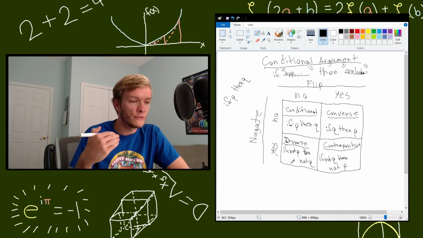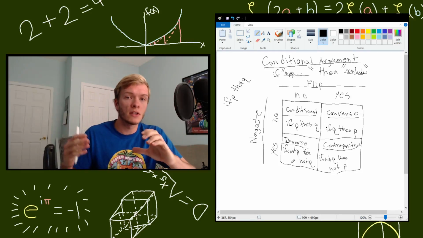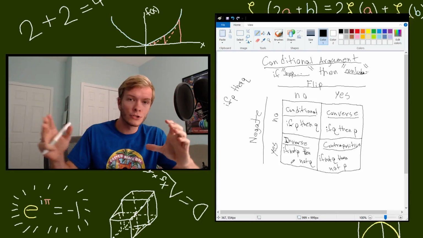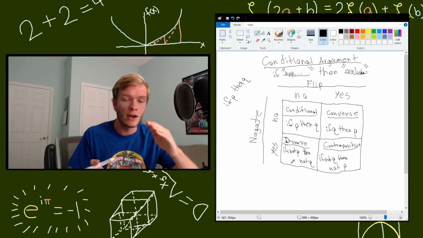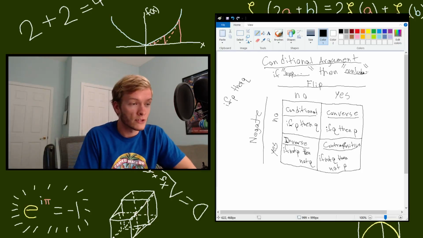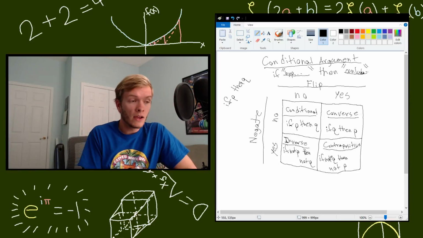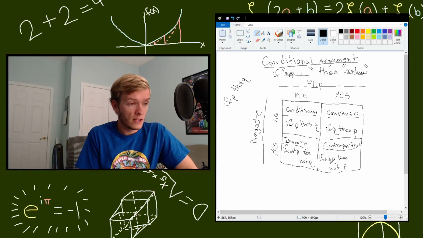If you don't have a square, you could still have something that is a rectangle, but perhaps has one larger side than the other in terms of length versus width. And then we have our final one, the contrapositive, which says if the object is not a rectangle, then the object is not a square.